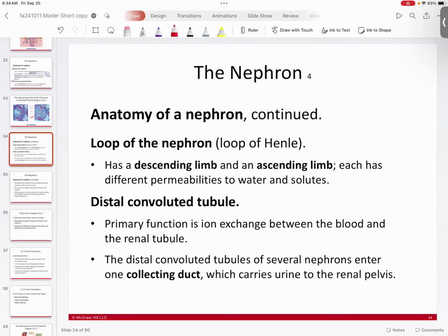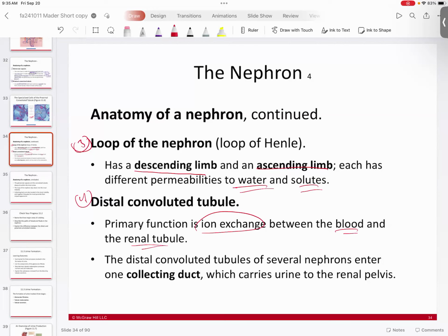Now from there, you're going to go to the loop of Henle, or the nephron loop, where you have a descending limb and then you have an ascending limb. And they have different permeabilities to water and solutes, and that's critical in its function. From the loop of Henle, you're going to go to the distal convoluted tubule, where its primary function is going to be ion exchange, essentially exchanging ions between the blood and the renal tubule.